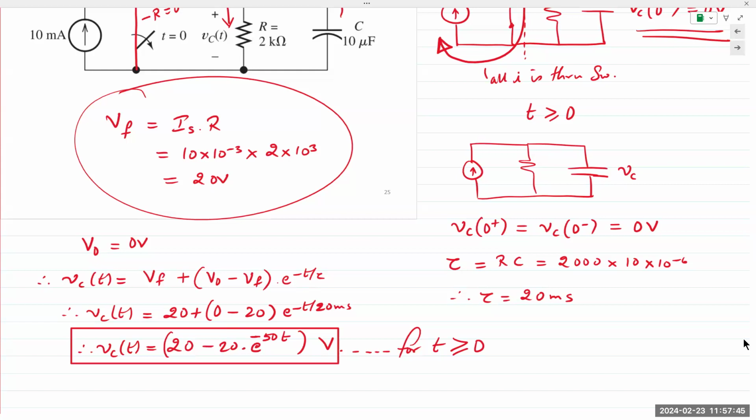For every position the circuit changes, you would simply redraw the circuit for every step, find the initial and final values for every single step, and you can directly write down the solution for that particular time period. That's all you would do.